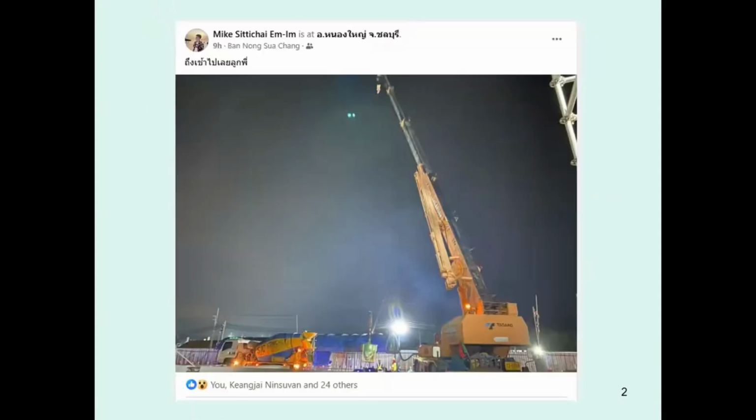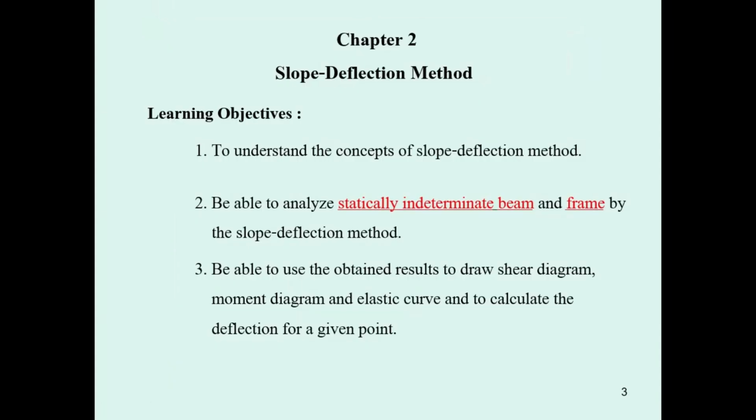Anyway, let me start chapter 2. In chapter 2, we are going to study the slope deflection method. As Ajahn mentioned previously, we concentrated on the consistent deformation method, and we classify the consistent deformation method to be one of the force methods.